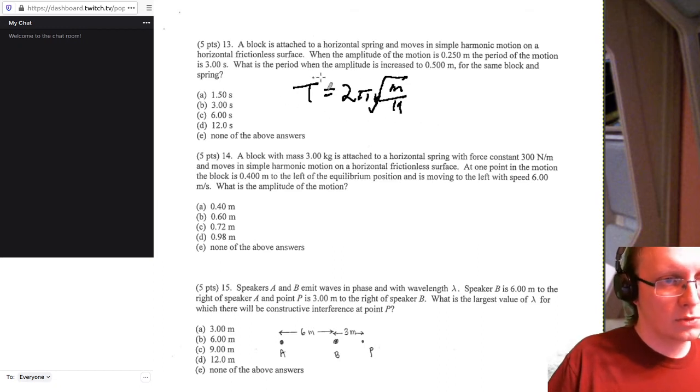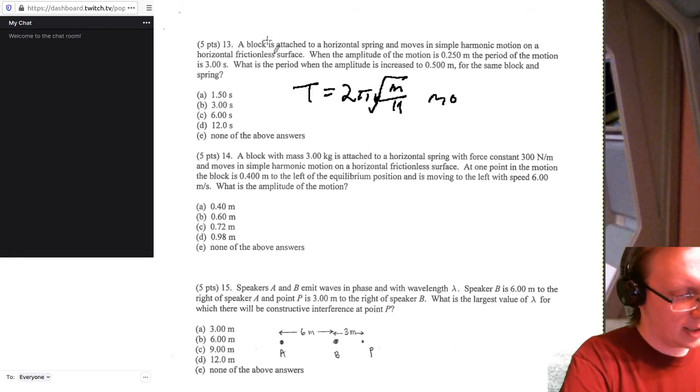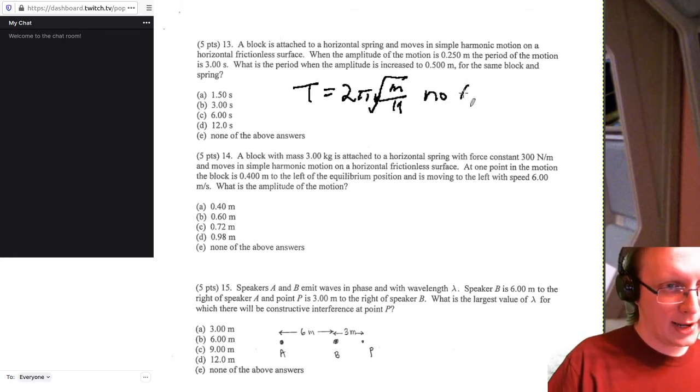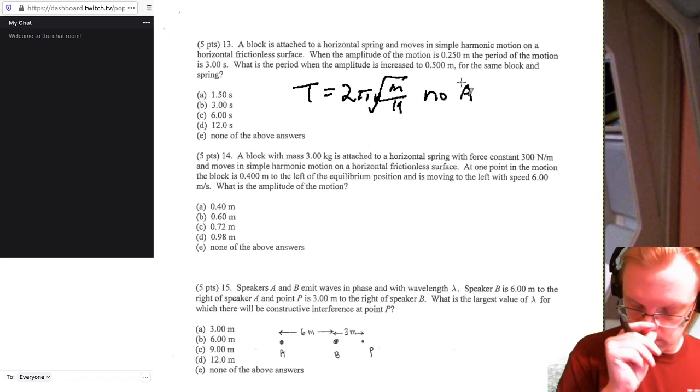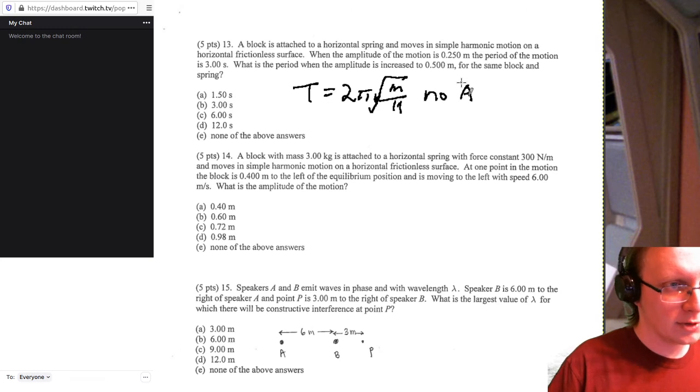All right. What's the period when the amplitude is changed? Amplitude has no input in here. Therefore, it does not care if the amplitude has been doubled. Therefore, the period is still 3 seconds.